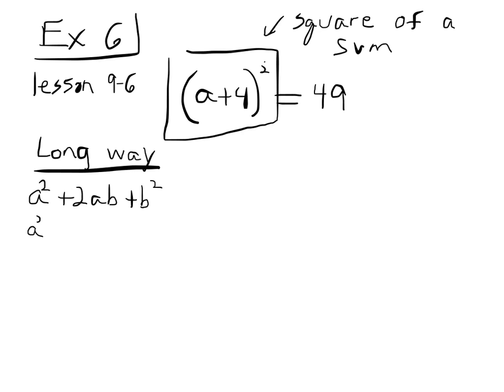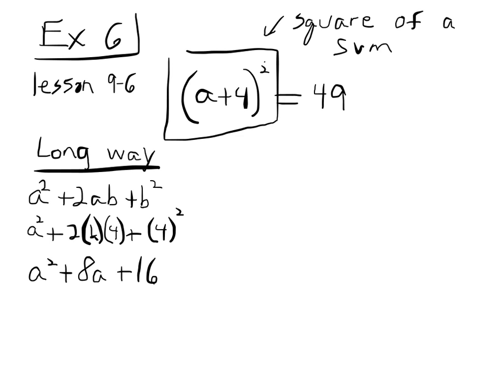This would stay a squared plus 2, again a was 1, b is 4, plus b squared, b is 4. So you end up with a squared plus 8a, because that was a 1a in there, and then plus 16, and then you would set that equal to 49, because you can't forget about that.